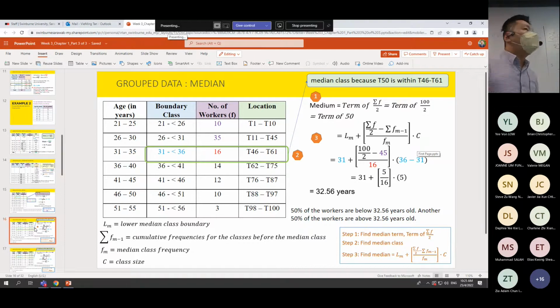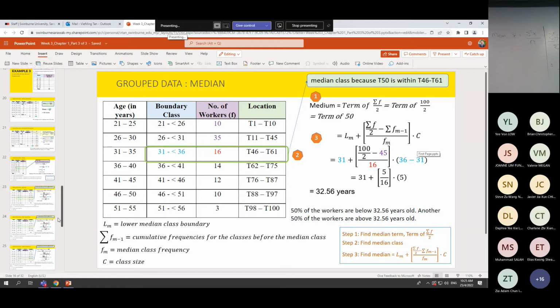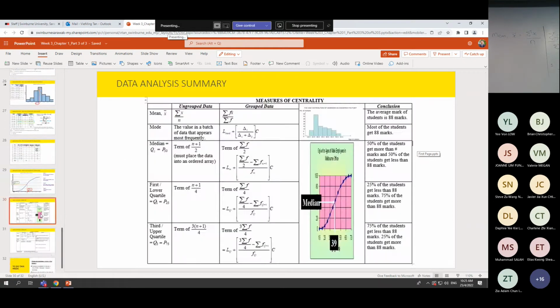Then the second step is we need to identify the location of the median. Last week, remember when we identified the location of the median using ungrouped data? We used this formula: n plus 1 divided by 2.